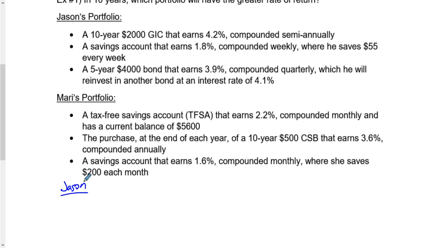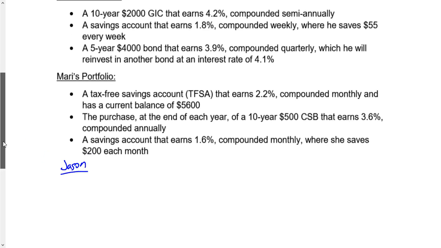So for Jason, the first bit of his portfolio is a $2,000 guaranteed investment certificate, which means we're using the one account compounding interest formula. $2,000, rate of 4.2%, compounded semi-annually for 10 years.